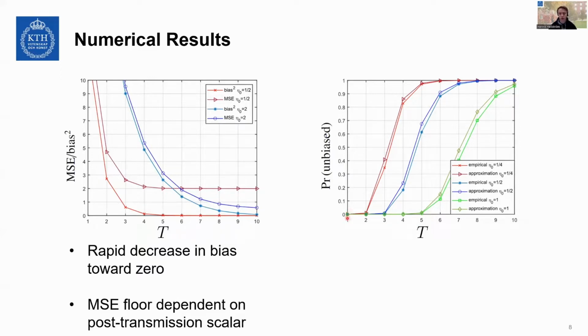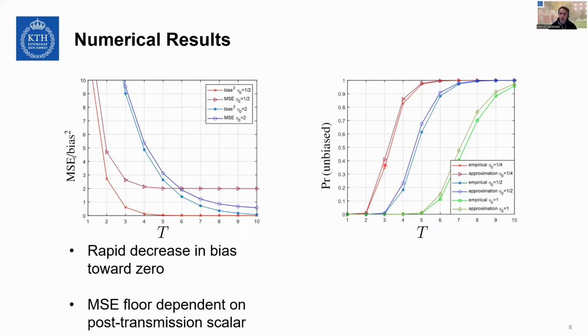So with a single transmission, all 100 devices would have to get a sufficiently good channel, which is of course extremely unlikely. However, with a finite number of retransmissions, we can see that we very quickly approach 100% probability of achieving unbiased estimation. So this shows that this time diversity effect is very effective at achieving our goals here.